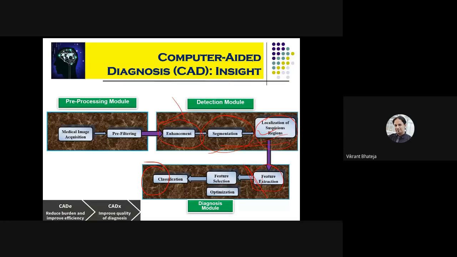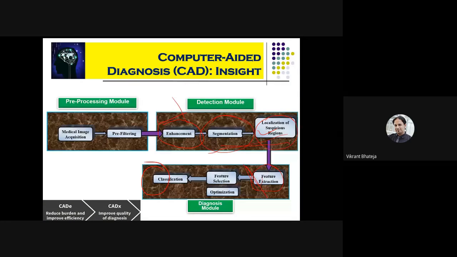So over here we say that the entire CAD module is classified into two types. One is known as CAD-E. When we say CAD-E, it is basically the detection module, that is, this second module that you are seeing over there. And when we see CAD-X, that is the diagnosis module that we are seeing in the end.